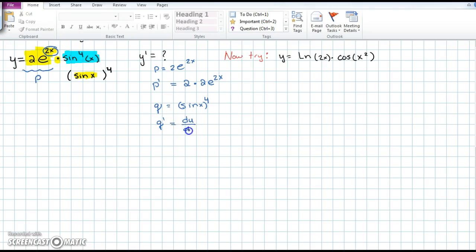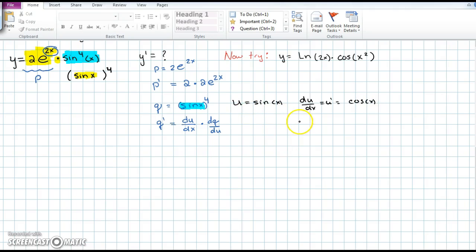times the derivative of the outer with respect to u. This one's a little bit more complicated, so I'm going to do it the long way. I'm going to let u equal sine of x, and therefore du dx, shorthand u prime, is equal to cosine of x.